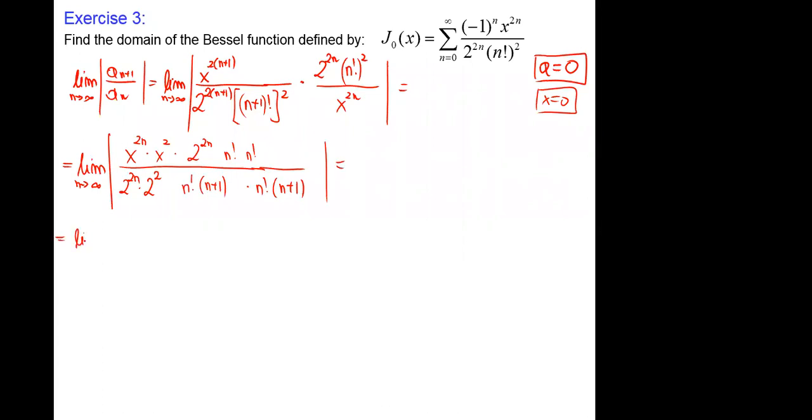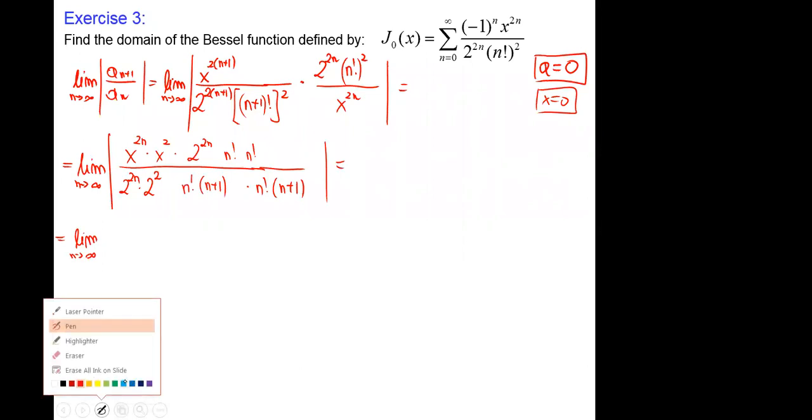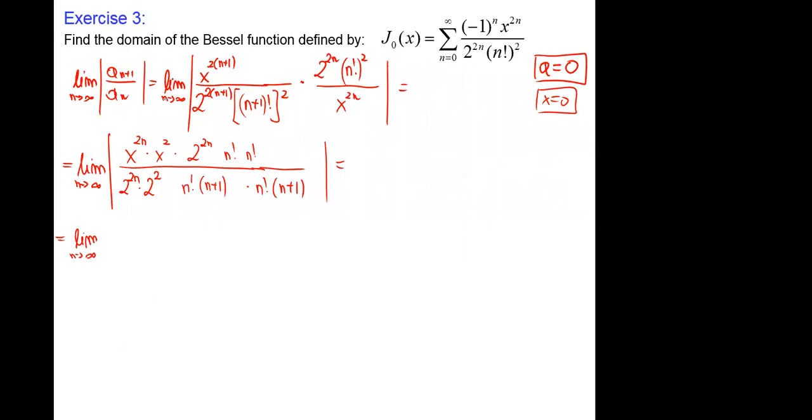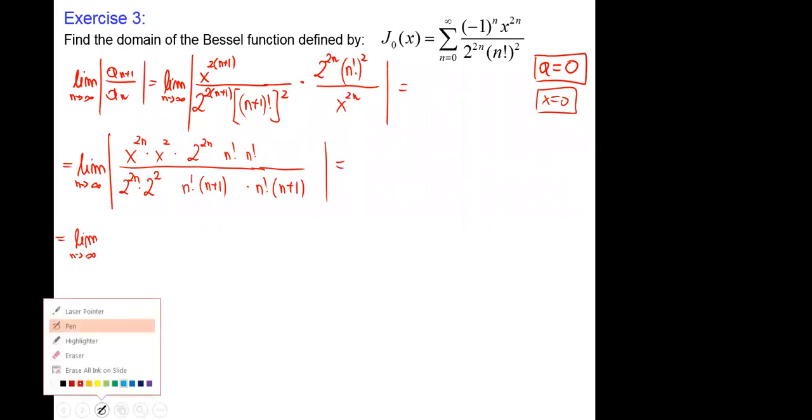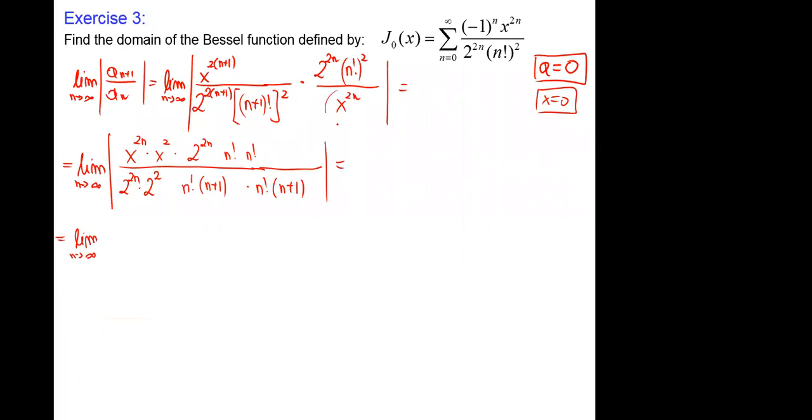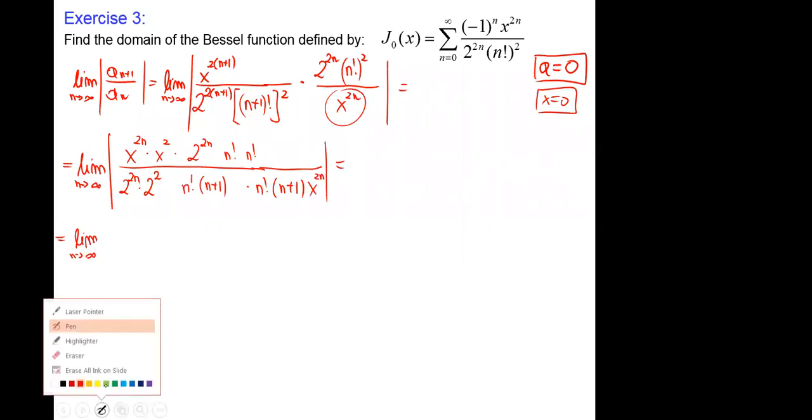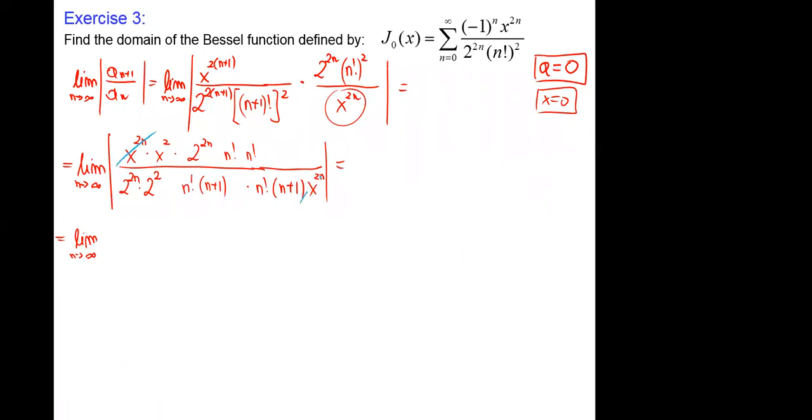And what's left? Let's see. Oh, did I miss something? I missed this part, x to the power of 2n, because this must be gone. This is gone. Factorial, gone.